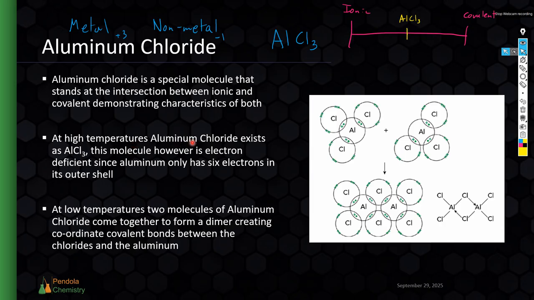At high temperatures, aluminum chloride exists as the ionic compound AlCl3. However, the molecule is electron deficient, since aluminum only has 6 electrons in this form, if we look at it as a covalent compound. So what it does is that at lower temperatures, when you solidify aluminum chloride, it comes together to form what we call a dimer.